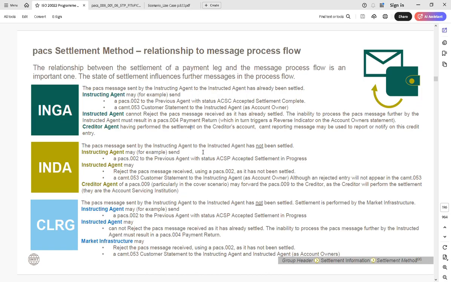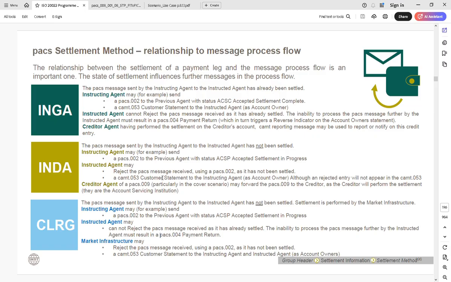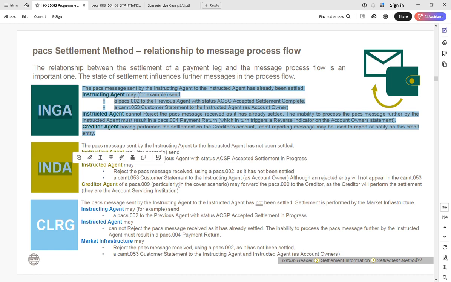I am 100% sure nobody is able to remember all these rules. But when you are doing analysis, if you need to know why this is introduced or why something is not done, you are going to read these rules to identify which method has been used and why not another. By the way, only clearing is mentioned here, and the cover method is already covered in PACS9 messages. That's why it is not covered here.